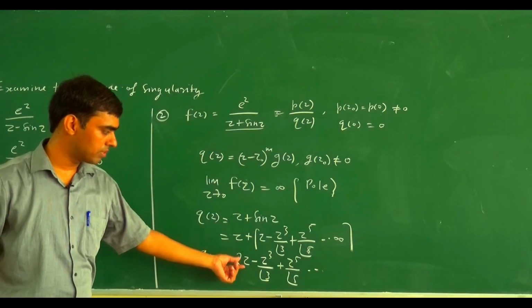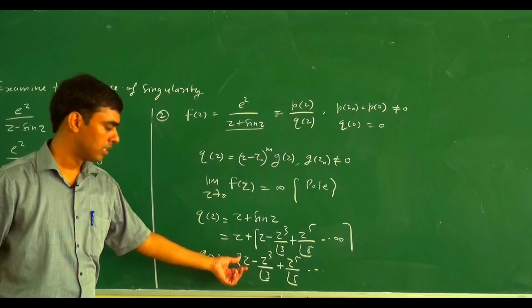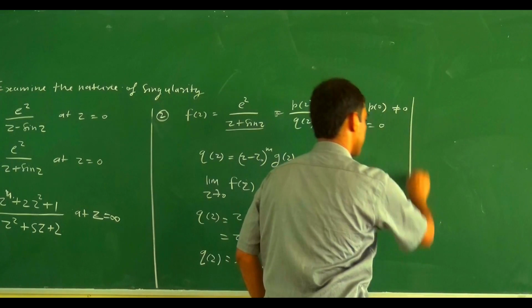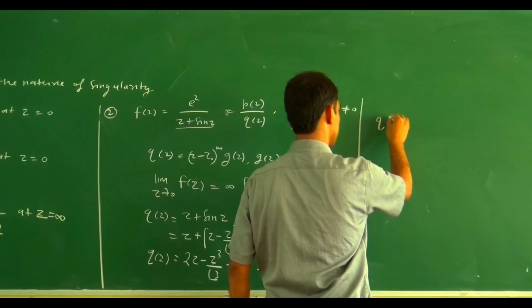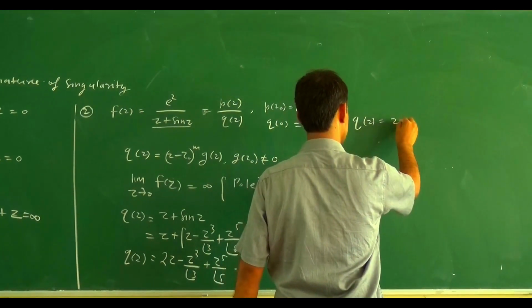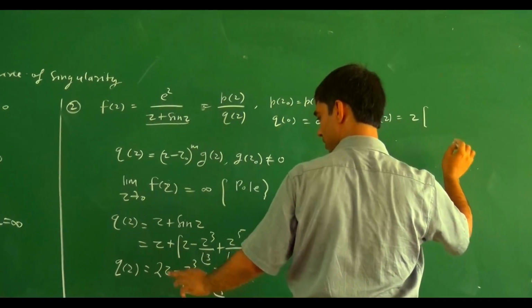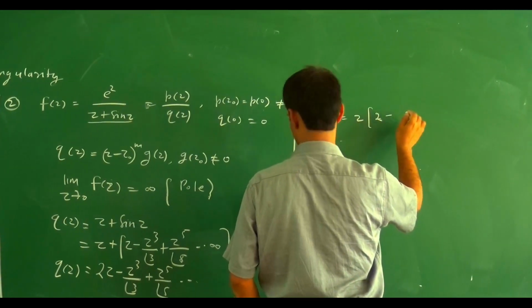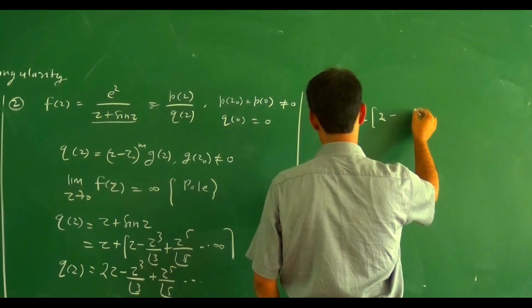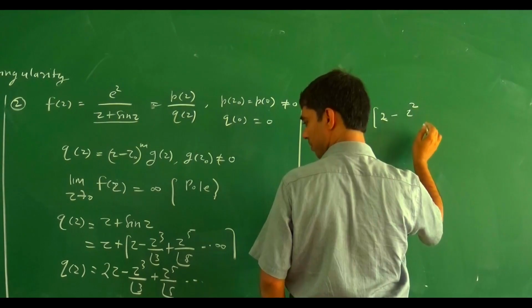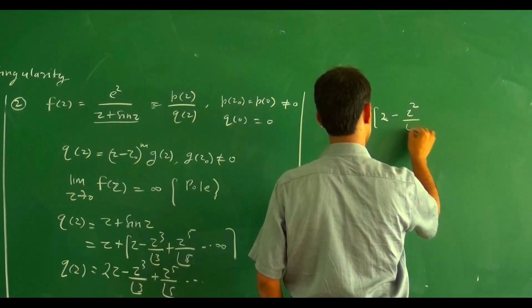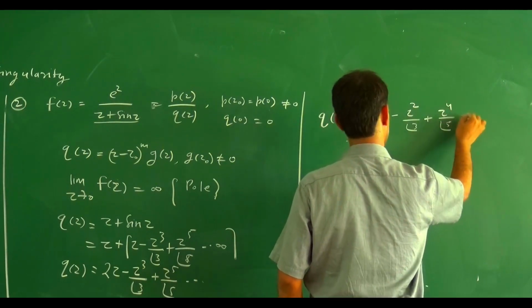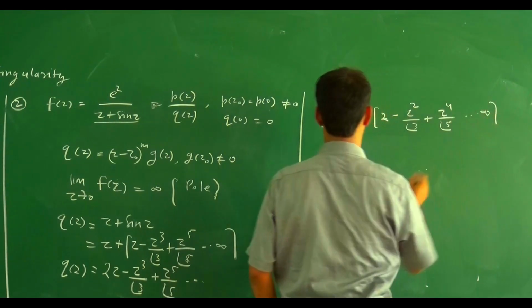If we closely observe, z may be taken outside. So Q(z) becomes z into 2 minus z square upon factorial 3 plus z to the power 4 upon factorial 5 and so on up to an infinite number of terms.